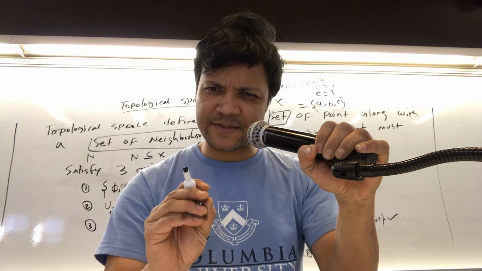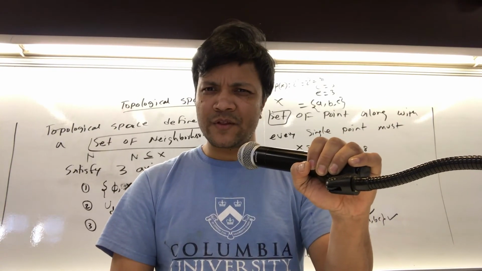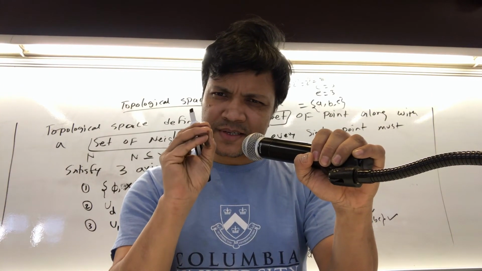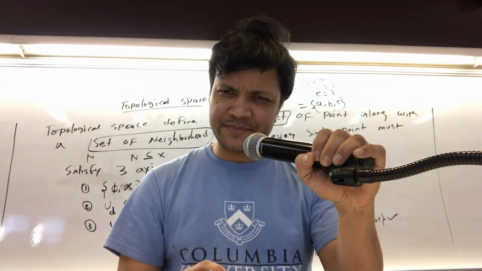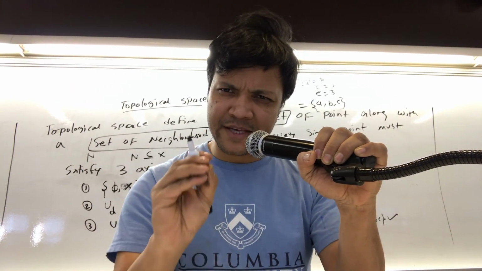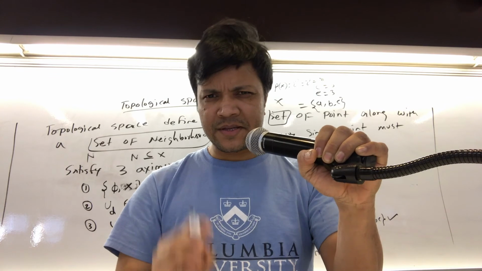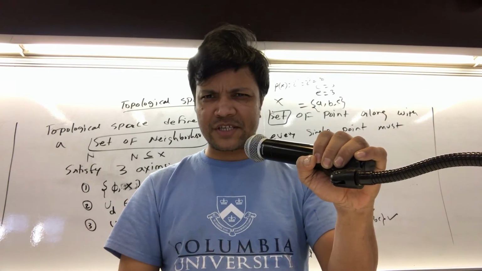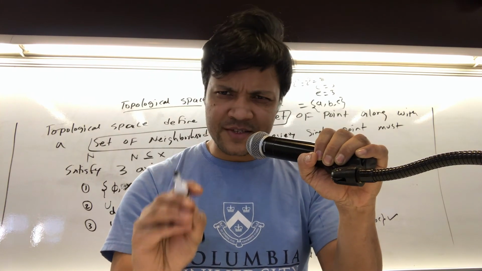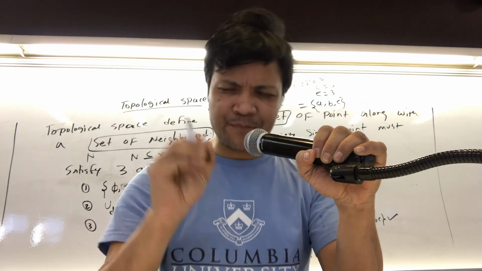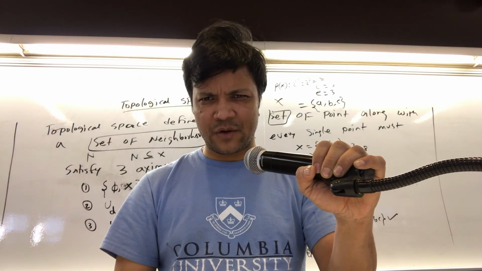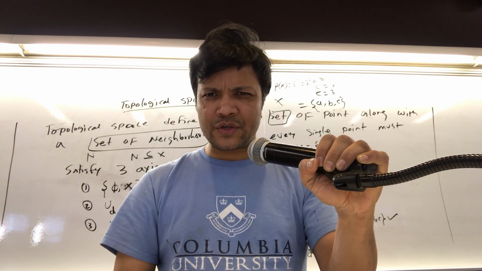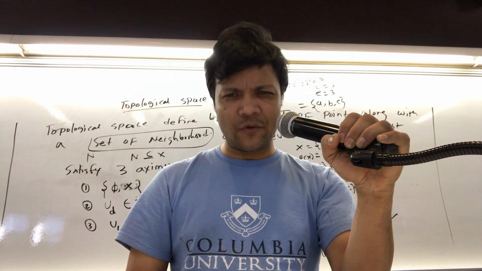The first one is very simple: the empty set and X must be in the tau. The second one is the union of all the sets must be in the tau. The third one is the intersection of all the sets must be in the tau. So hopefully you understand it.